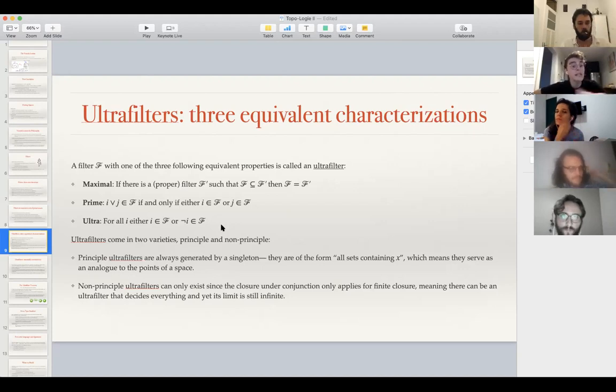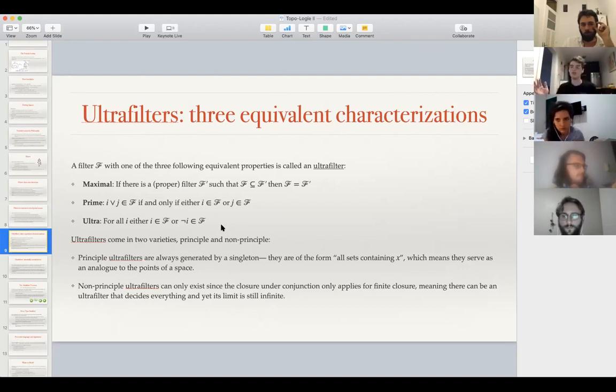Any filter, if it's a proper filter, cannot contain both a set and its complement. The reason is the conjunction: the conjunction of a set and its complement is always the empty set, by definition, because they share no elements. And in general, we don't want the empty set to be in the filter, because we want a proper filter.